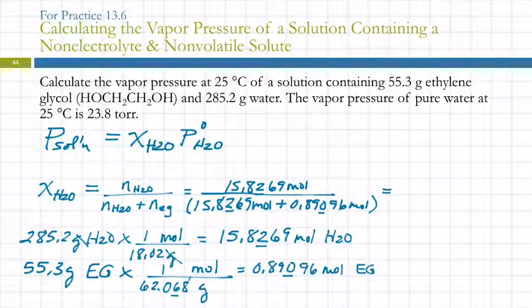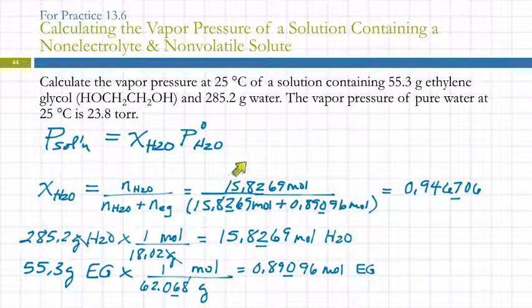And then we do the math, 15.8269 divided by, open parentheses, 15.8269 plus 0.89096, close the parentheses, equals 0.946706.